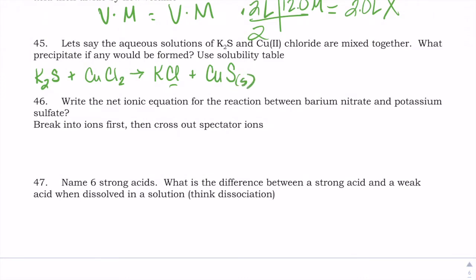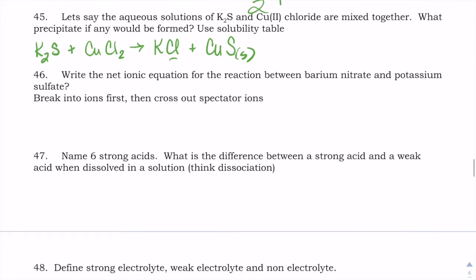46, write the net ionic equation. Net ionic equation means we're going to dissociate everything.